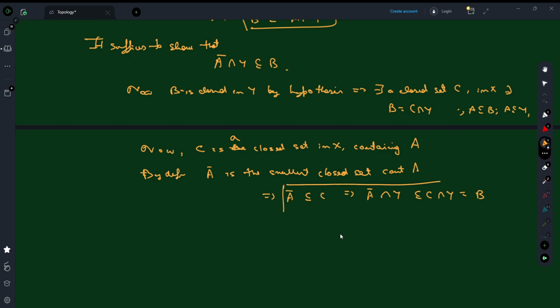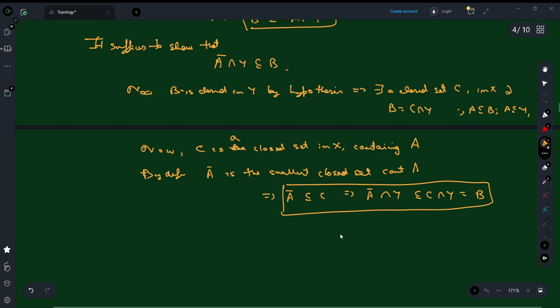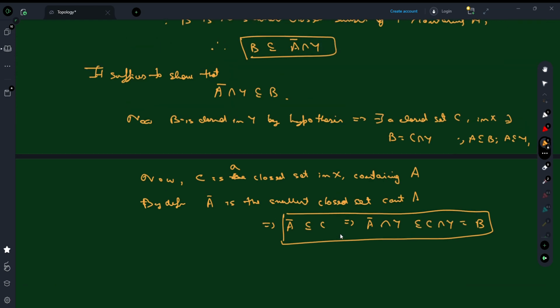So the closure of A intersection Y is contained in B.